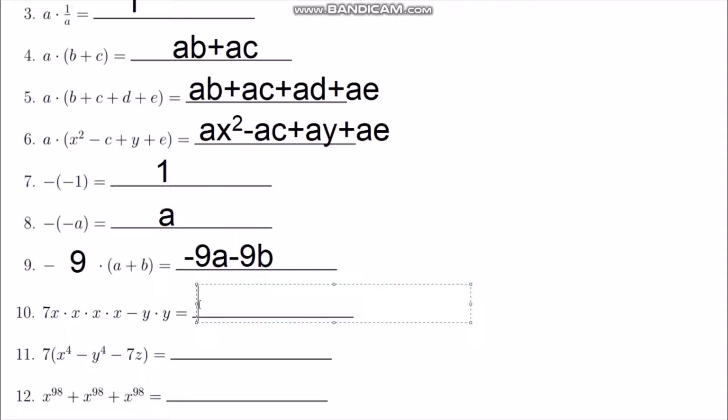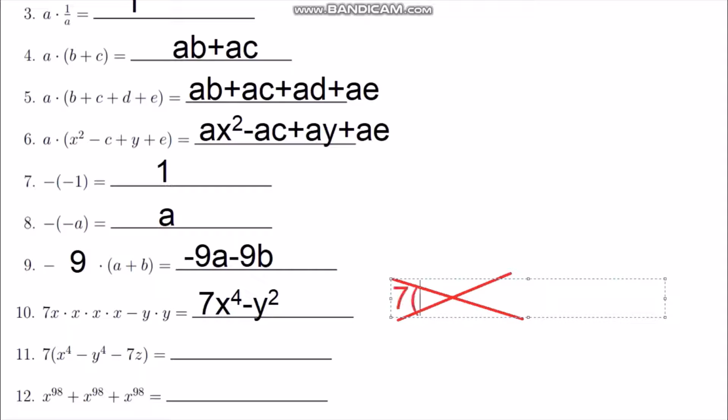Here, since we're multiplying all our x's together, and we see that there are 1, 2, 3, 4 of them, we have 7x to the 4th power. And we have 2 y's, so it's 7x to the 4th y squared. What you shouldn't do, let's make this in red, this would be bad, is have a 7 and have x to the 4th and then a minus y squared.